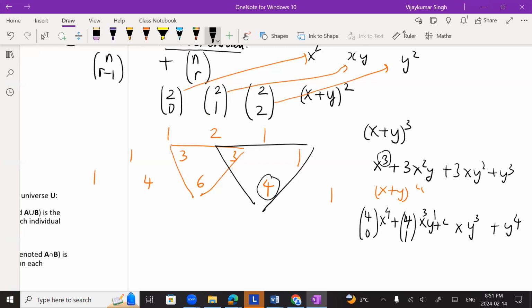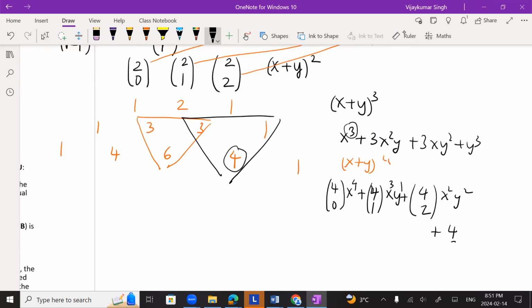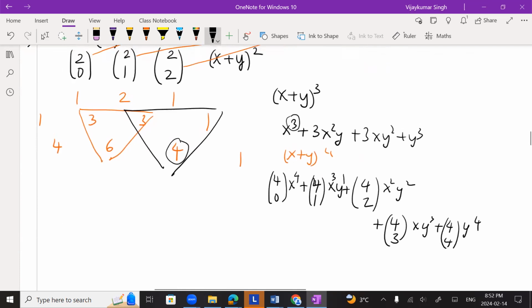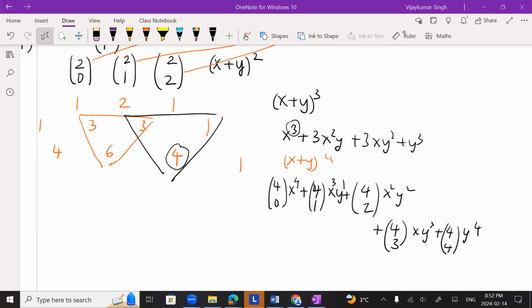Then we have 4 choose 2 x squared y squared, right? We are choosing powers of y. Plus we have 4 choose 3 x y cubed. And then we have 4 choose 4 y to the power 4.